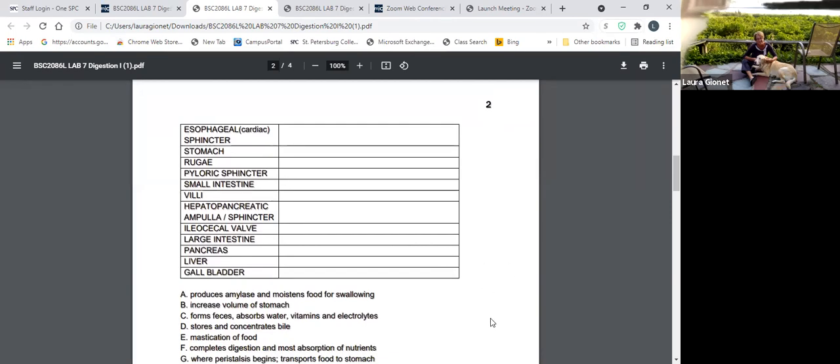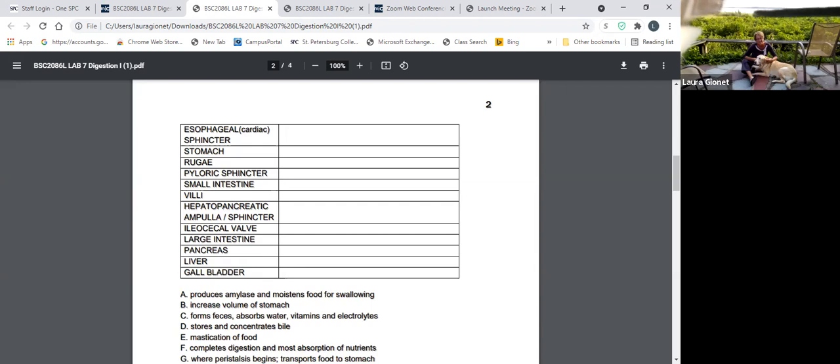B, increases the volume of the stomach. That's referring to the rugae. The rugae are folds of stomach tissue that are evident when the stomach is pretty much empty of any food. It's like a collapsed balloon. Then when you eat food, it stretches the stomach, kind of like blowing up a balloon, where the skin of the balloon becomes more translucent.